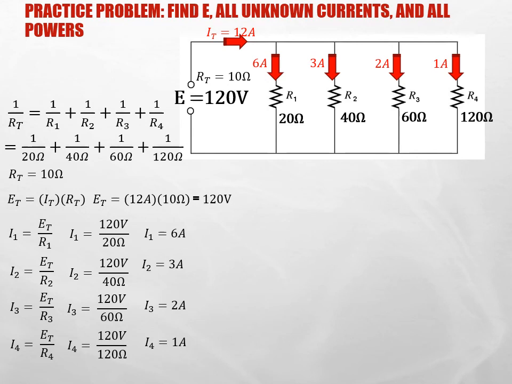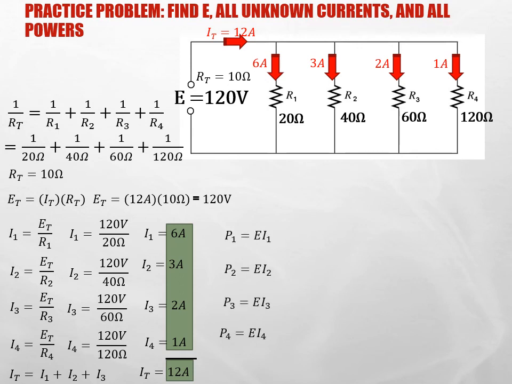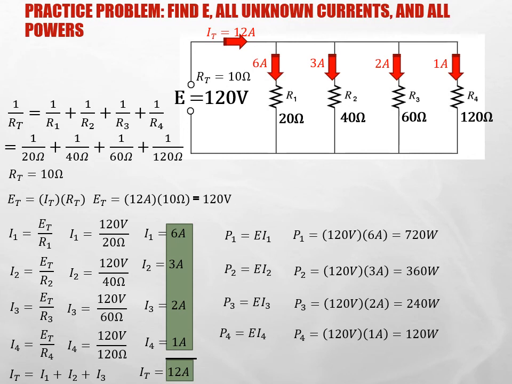If I add up the 6, the 3, the 2, and the 1, then again I get back to my 12 amps. Now that I have a current, a resistance, and a voltage for each branch, each location, I can calculate out the powers. Probably the simplest way is just good old PEI, which would give me 720, 360, 240, and 120 watts, respectively.